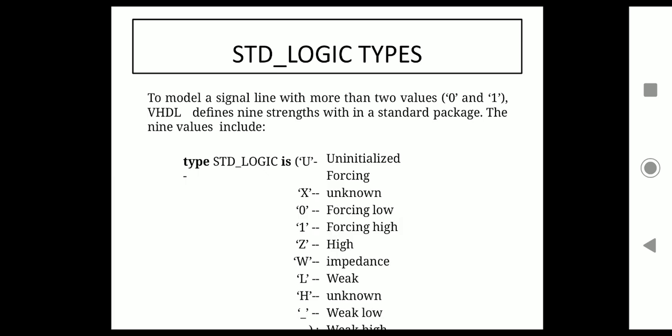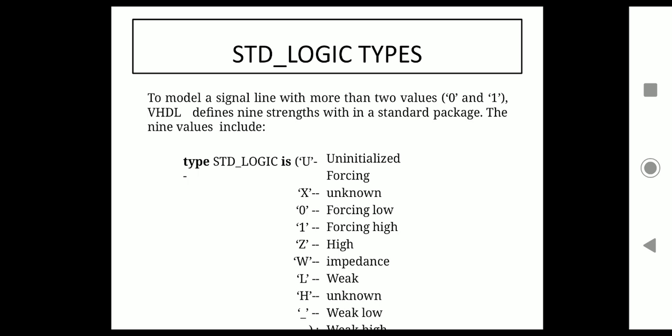Then the next predefined data type is standard logic types. Now, as we have discussed, VHDL is a 9 valued logic. There are 9 standard values that we are defining in VHDL. So which are those 9 valued logic? They are specified here.